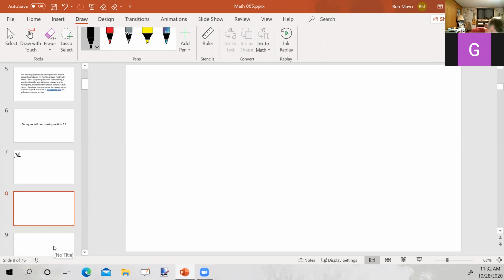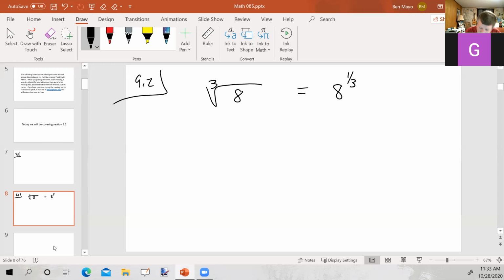Okay, on to 9.2. The big deal today is we're going to learn how to go back and forth between radicals and exponential expressions. What it amounts to is this: when you have the index of a radical, you can write that same expression using a fraction exponent.